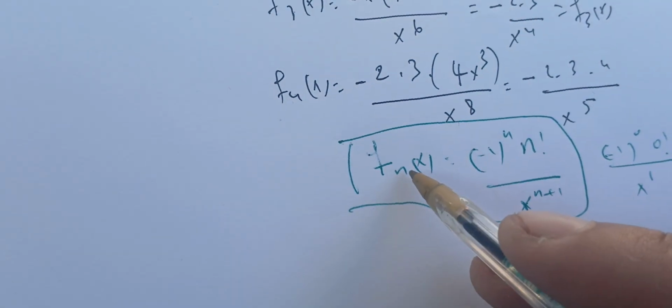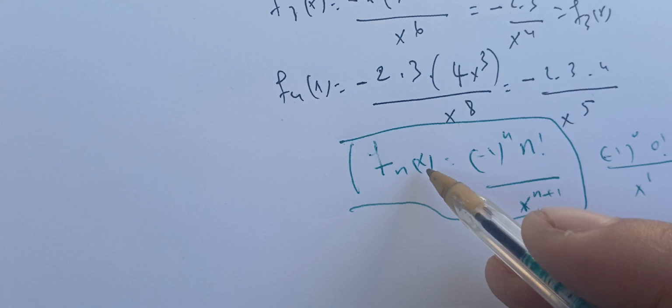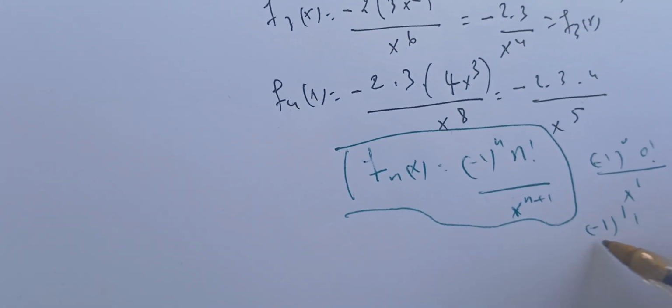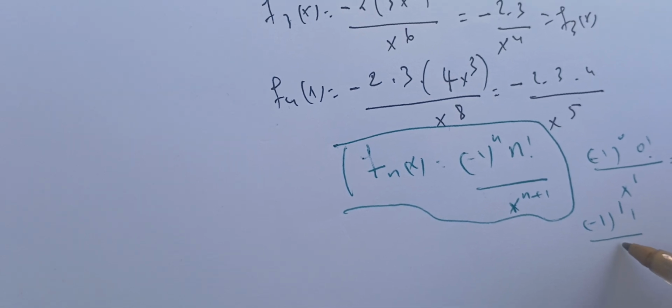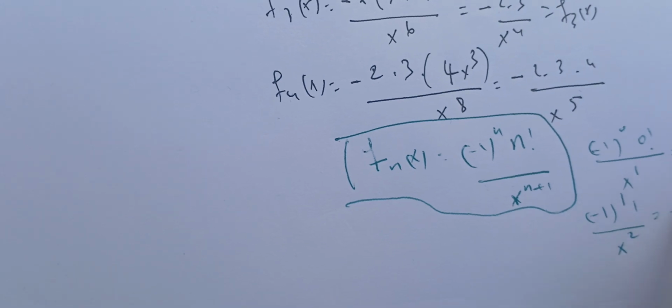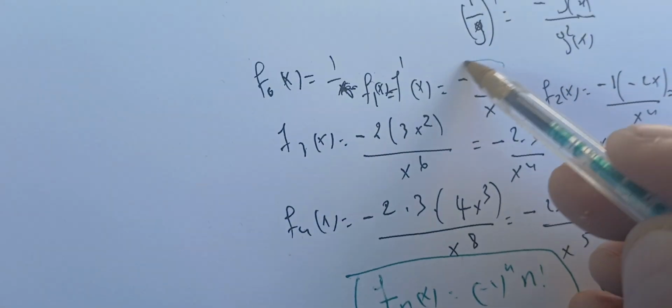For n equals 1, I'm going to have minus 1 to the power 1, 1 factorial is 1, over x to the power 1 plus 1, which is 2. So I have minus 1 over x squared. So I have this one here.